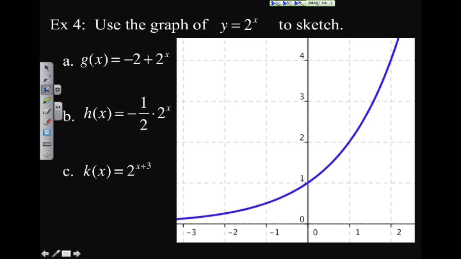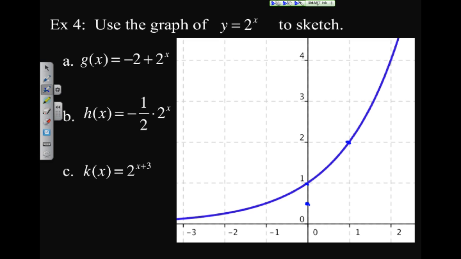So back to the parent function. Now what happens on b? We have -1/2 times 2 to the x power. So the negative, if you remember, reflects this function, so it's going to be going down. And then the 1/2 makes everything half as far from 0. So let's deal with the 1/2 first. So instead of this point being 1 unit away, it's now going to be a 1/2 unit away.